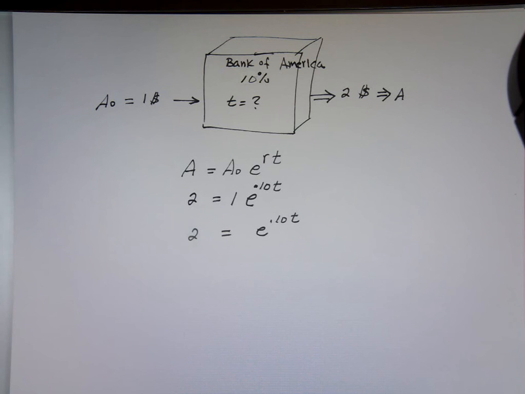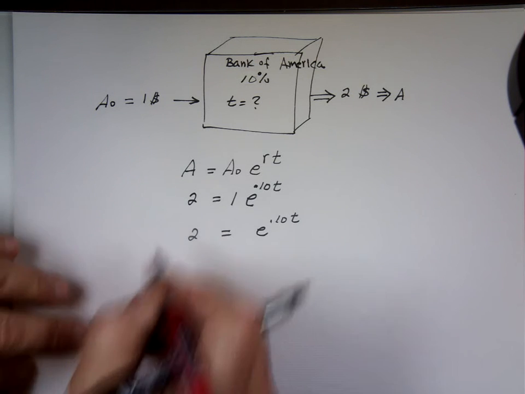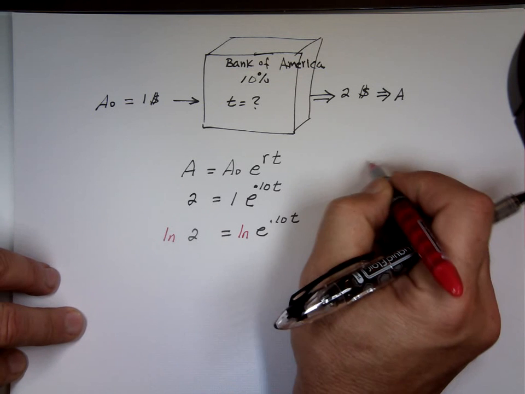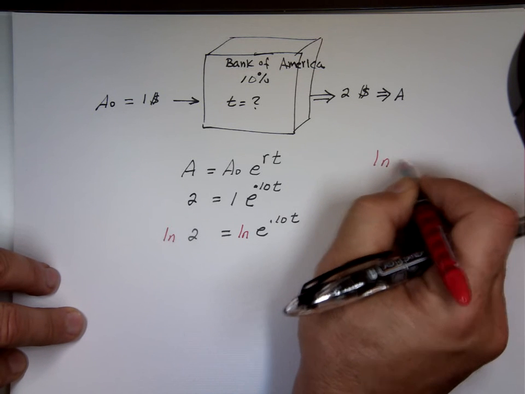How would I solve it for t? When you have an exponent like this, the only way to solve it is through the log. So you have an option. You have a calculator that has log and natural log on it. If I have e in my problem, I got to be out of my mind to use the log. I'm going to use the natural log. Why? If you have the natural log of e to any power, what's the answer?